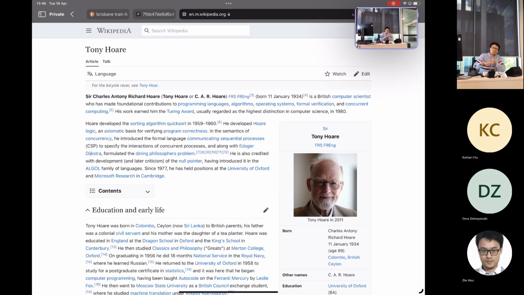Everything went well for a long time until somebody decided, okay, Hoare logic doesn't allow me to reason about computer programs that manipulate memory resources. It's based on classical logic, so it cannot reason about resources.